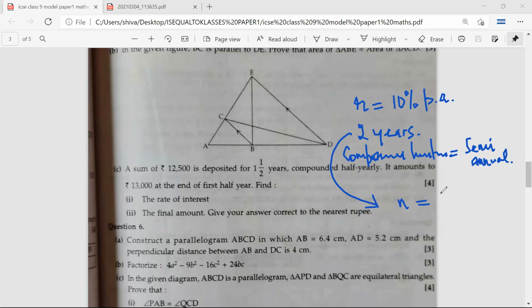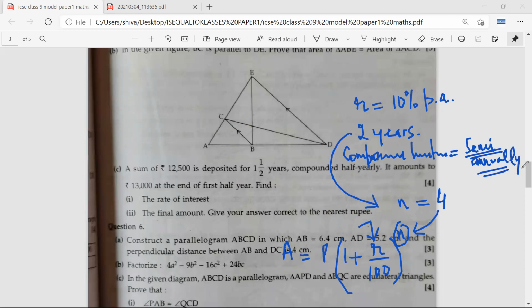So 4. When I apply this formula, my n would be 4. That is correct. What should be my applicable rate of interest? So 5%.